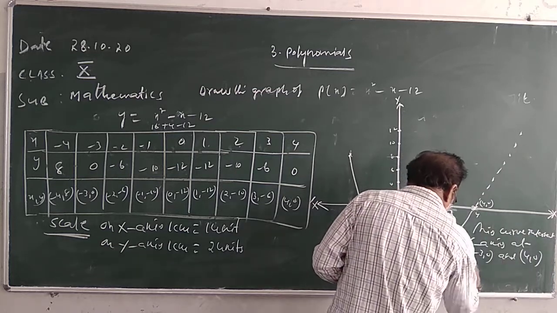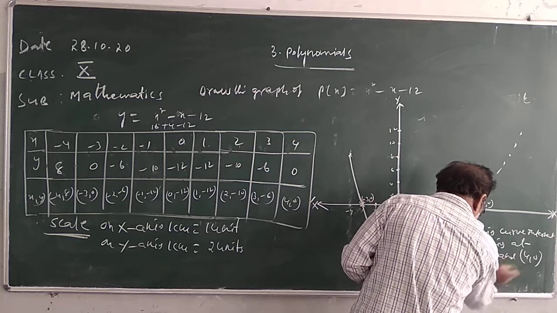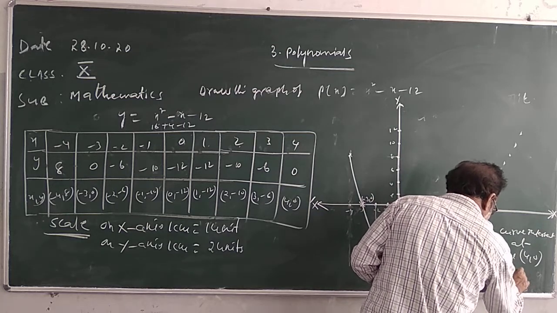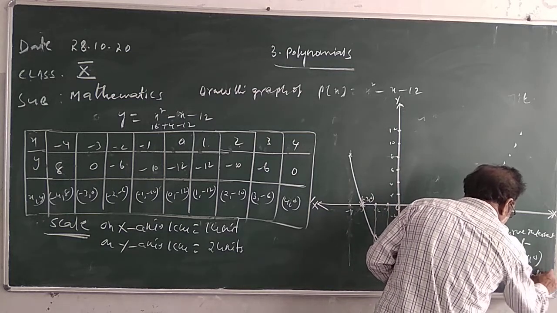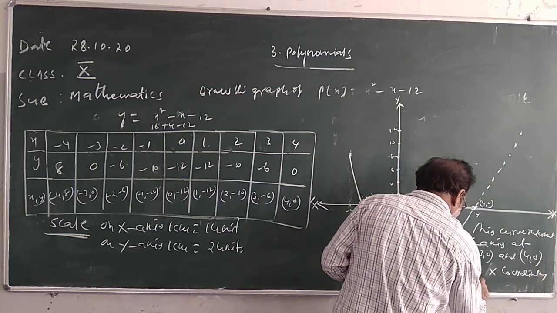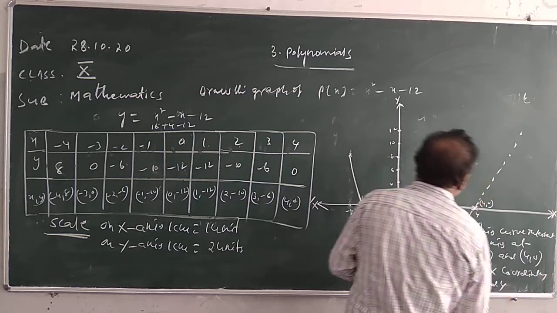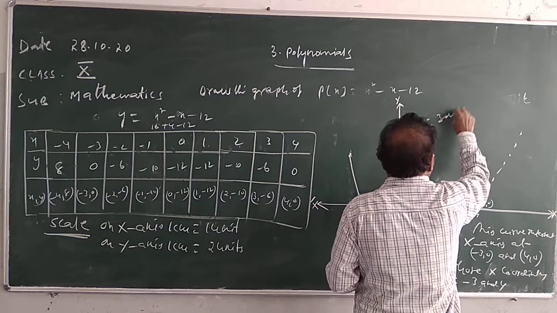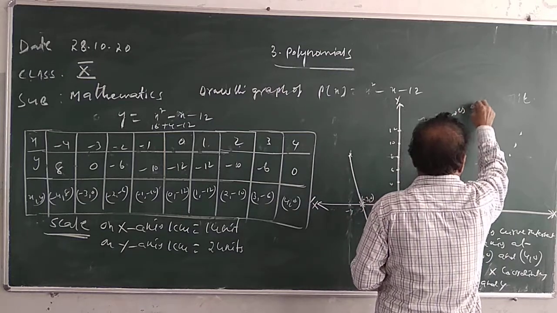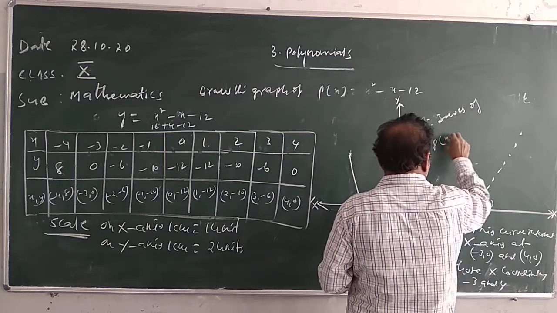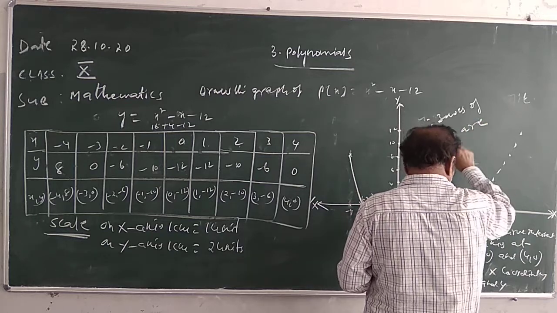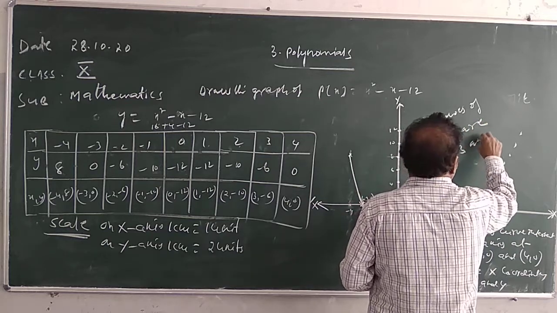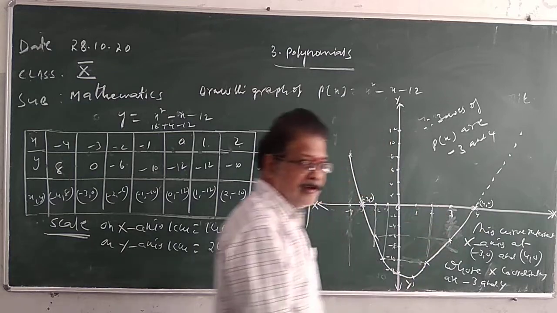Whose x coordinates are its zeros? The x coordinates are minus 3 and 4, therefore the zeros of p of x are minus 3 and 4. Like this you can find the zeros.